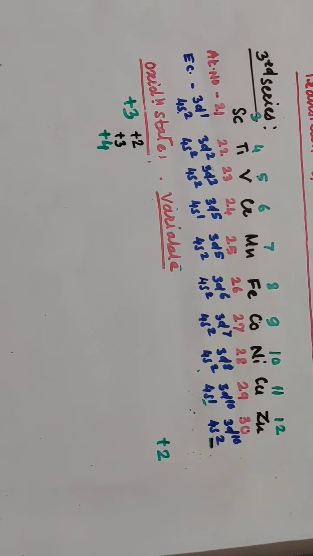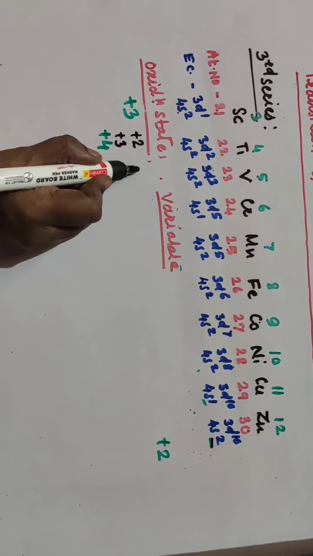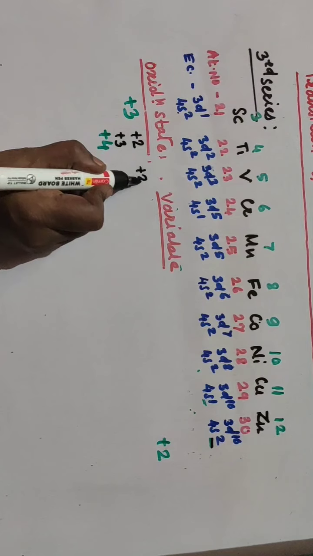What about vanadium now? In case of vanadium, overall 5 electrons are there in the outermost shell. So at most it can show +5, the highest oxidation state is +5, and in the last orbital 2 electrons are there. So first it can remove 2 electrons, so +2 oxidation state.